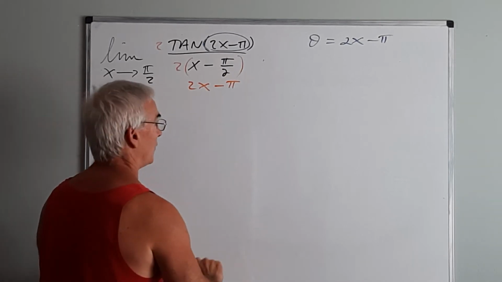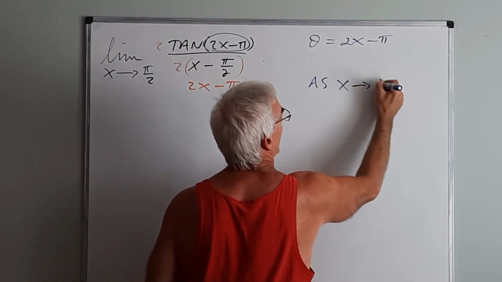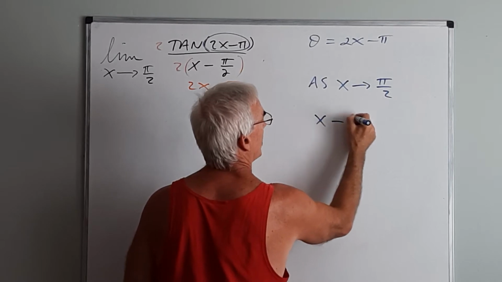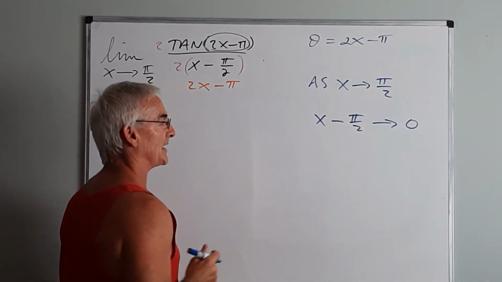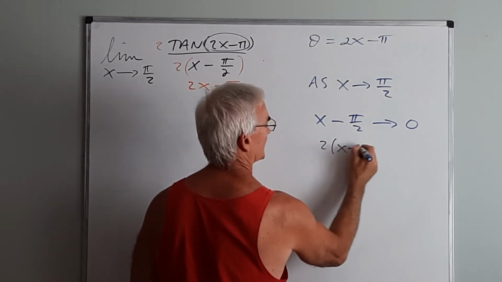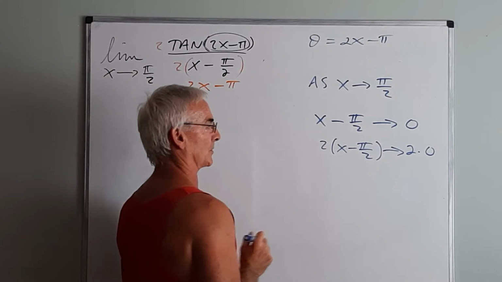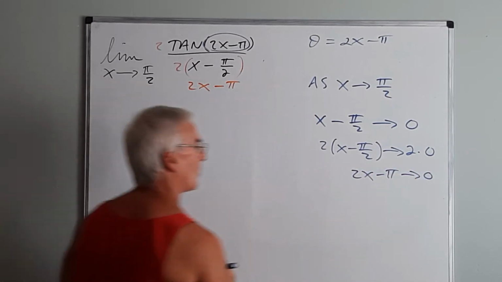Well, as we've seen before, as x approaches pi over 2, then x minus pi over 2 must approach 0. And if I take 2 times x minus pi over 2, that must approach 2 times 0. So 2x minus pi approaches 0 also.